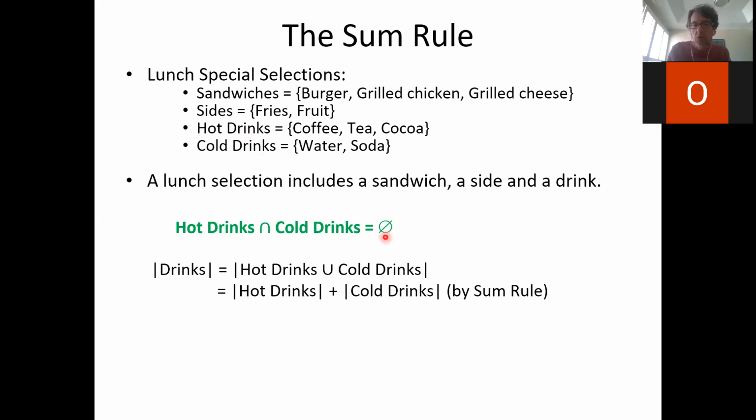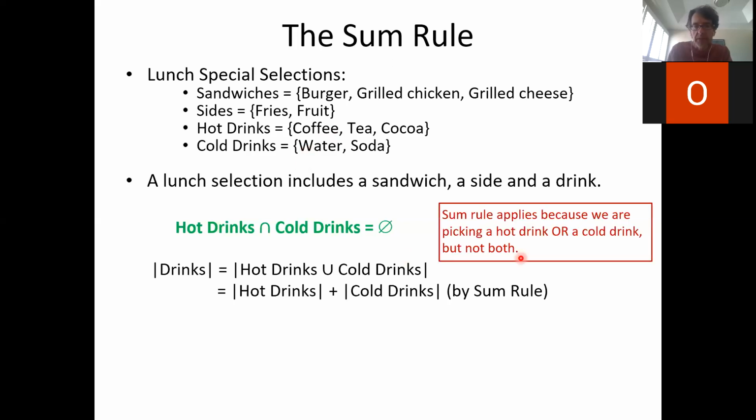So I can think of drinks as a union of the set of hot drinks and cold drinks, and the cardinality of this is just the cardinality of hot and cold together. I'm over-laboring this example because you can see immediately that there are no repetitions here, and therefore the number of drinks is 5.